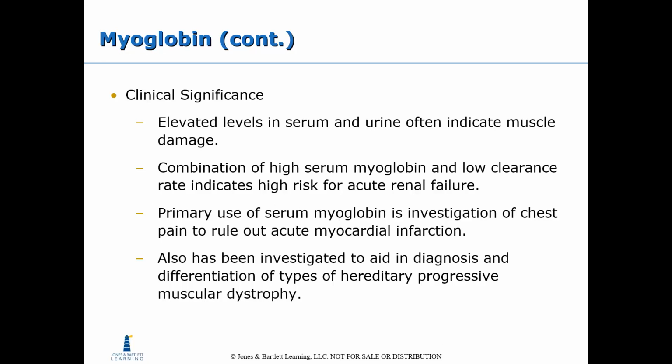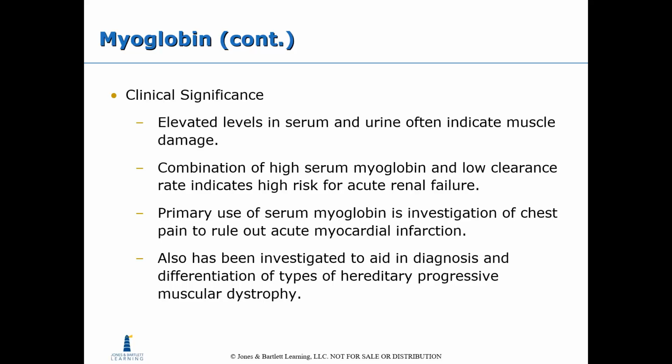For the clinical significance of myoglobin, you can see elevated levels in serum and urine in muscle damage cases. A combination of high serum myoglobin and low clearance rate indicates a high risk for acute renal failure. The primary use of serum myoglobin is the investigation of chest pain to rule out acute myocardial infarction. So when someone has a heart attack, their heart muscle gets damaged, and initially it will release myoglobin.